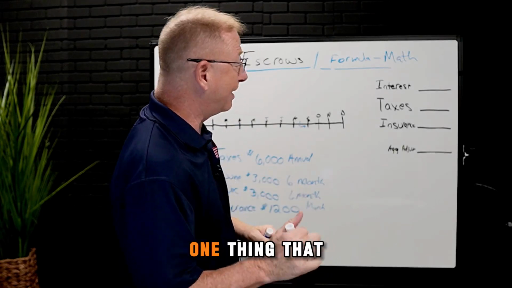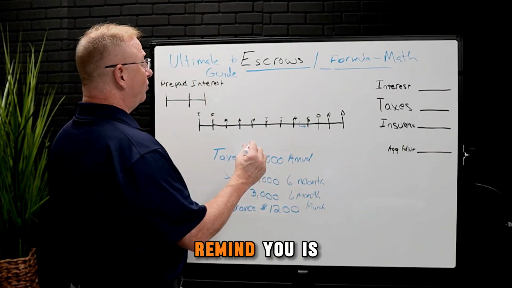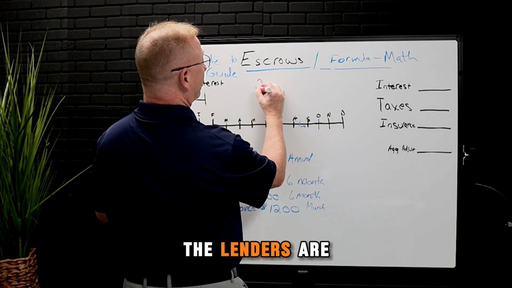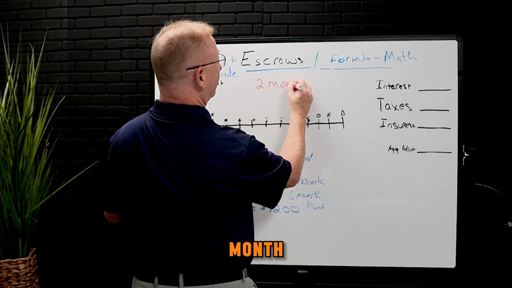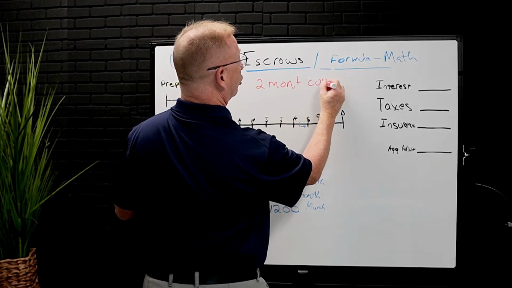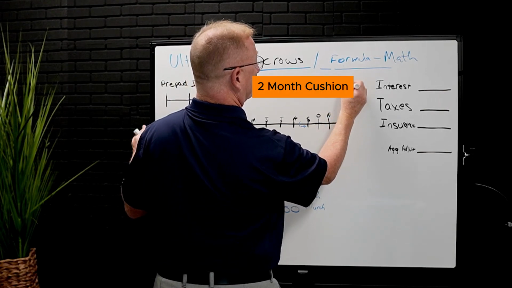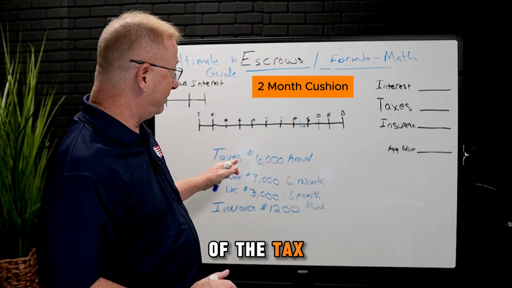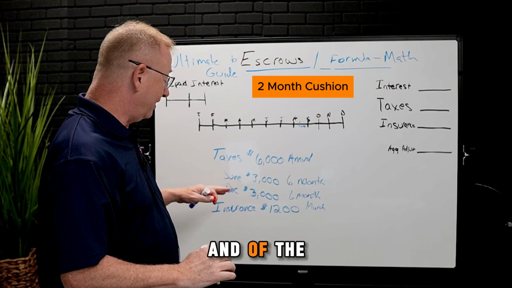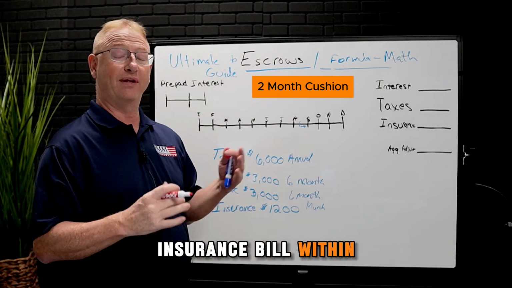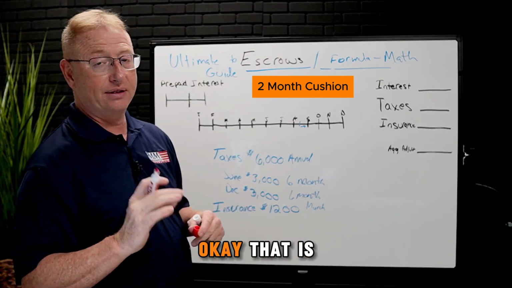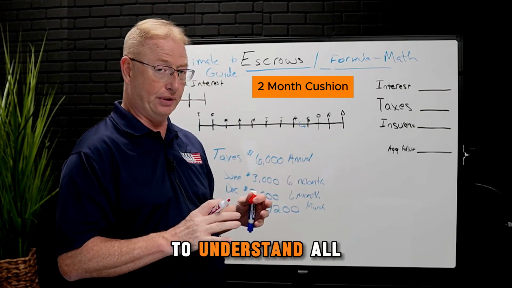One thing that I want to remind you is the lenders are allowed a 2-month cushion of the tax bill and of the insurance bill within the escrow account. That is a key point to understand.